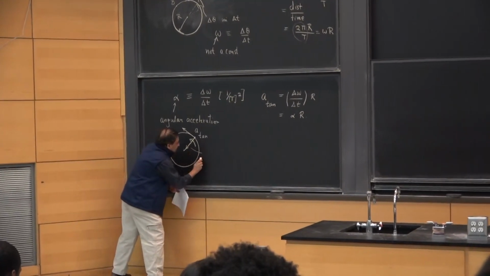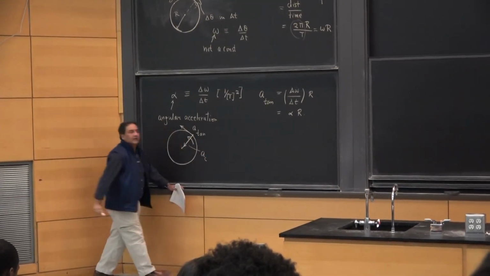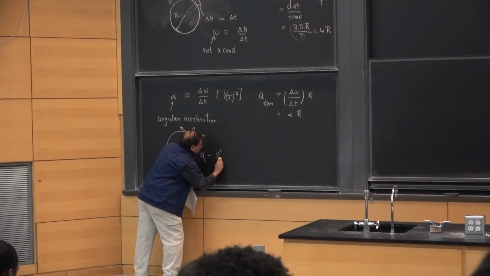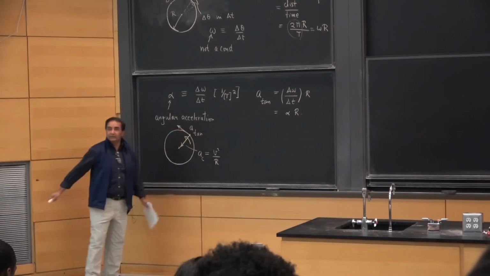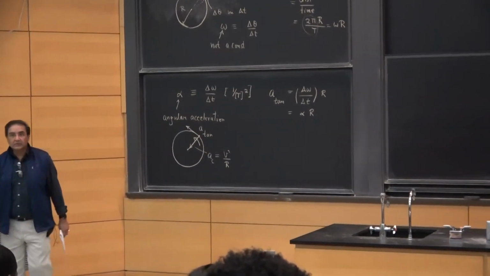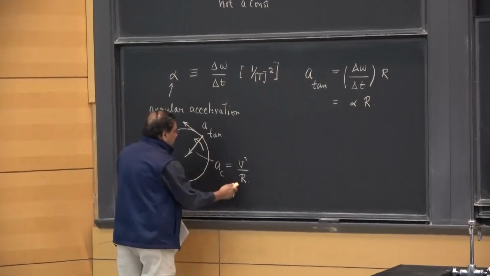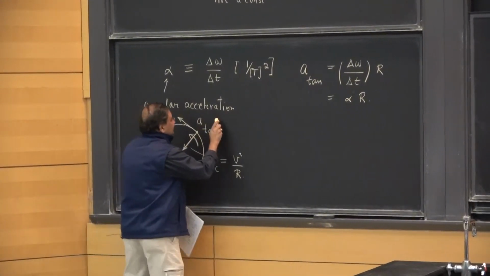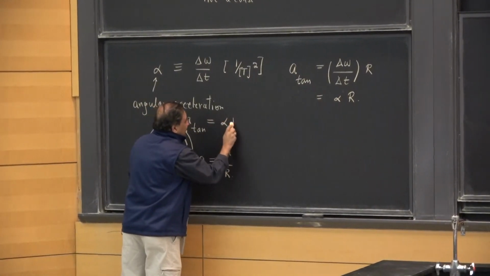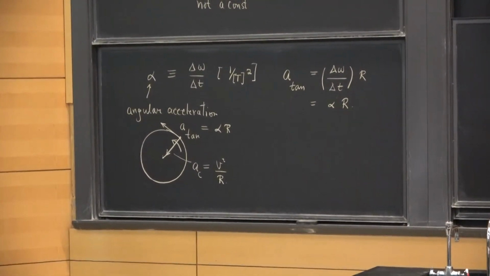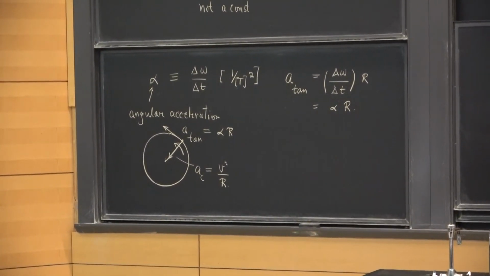So this is a_c, and we have known a_c for a long time, and this quantity we already know is v squared over r, right? You have been dealing with it for a long time. So centripetal acceleration a_c is v squared over r, but tangential acceleration is alpha times r, where alpha directly ties into how the rotation is speeding up or slowing down.